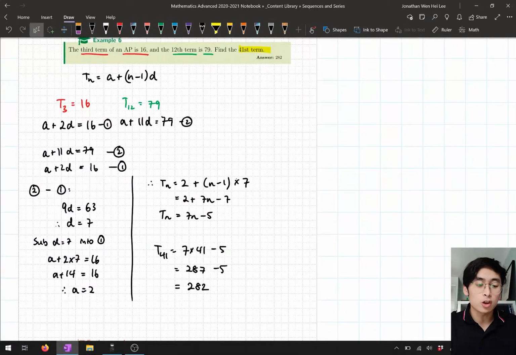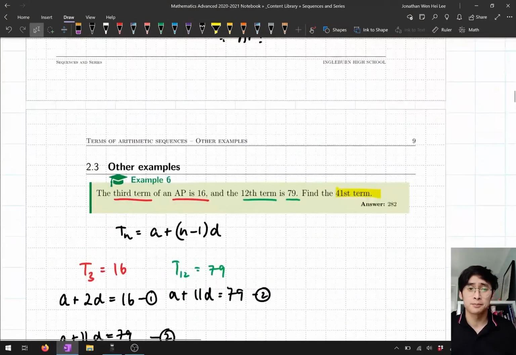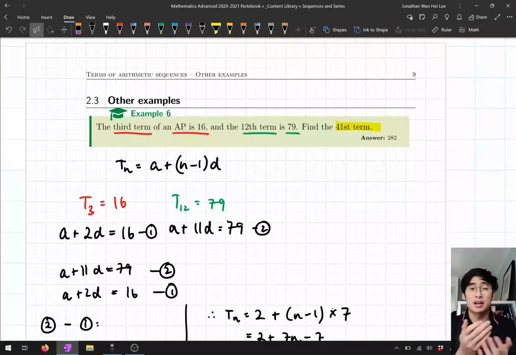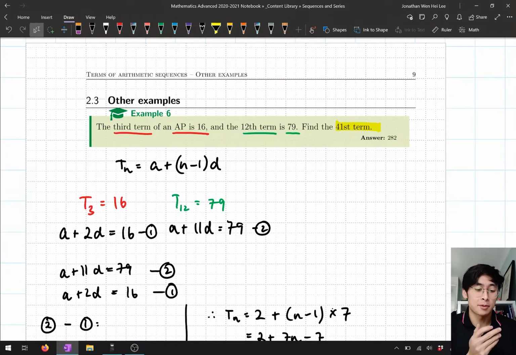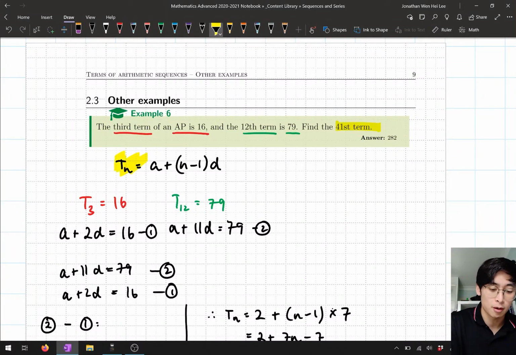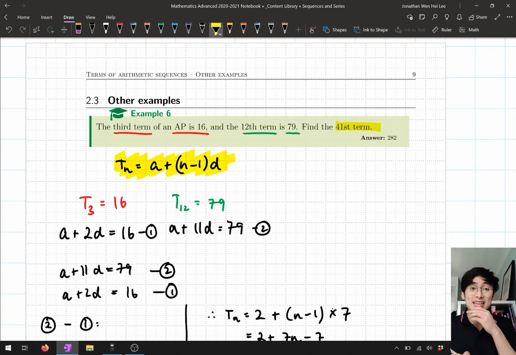So for this one, we actually don't get told our first 3 terms, which makes it a little bit trickier. So for this one, we can just use our nth term formula for an arithmetic progression, Tn is equal to a plus n minus 1 times d. And then from there, we can sub in our two pieces of information.